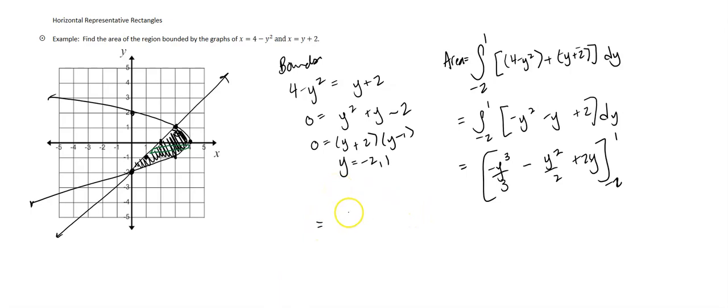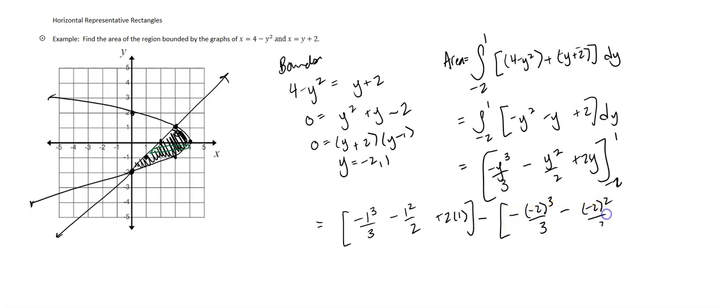So I will have negative 1 cubed over 3 minus 1 squared over 2 plus 2 times 1, minus negative 2 cubed over 3 minus negative 2 squared over 2 plus 2 times negative 2.